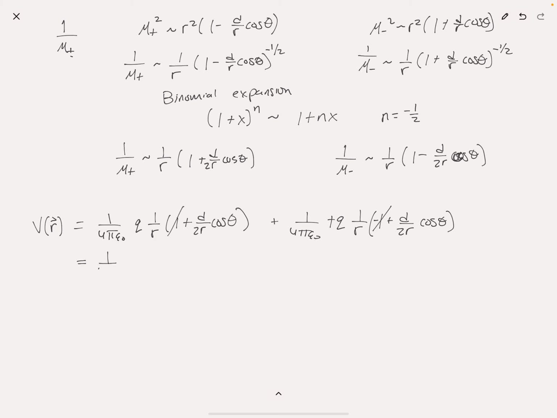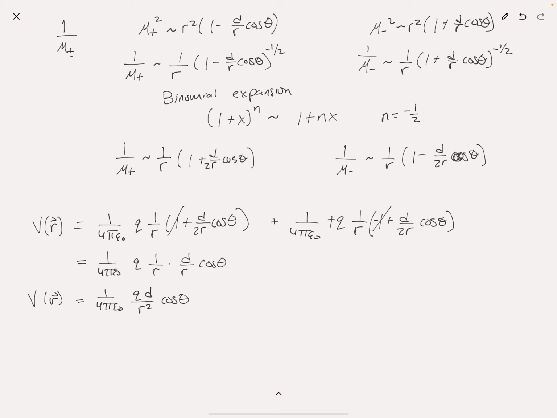So 1 over 4 pi epsilon naught q times 1 over r times d over r, the 2 cancels, cosine theta, or V of r is equal to 1 over 4 pi epsilon naught q times d over r squared cosine theta.